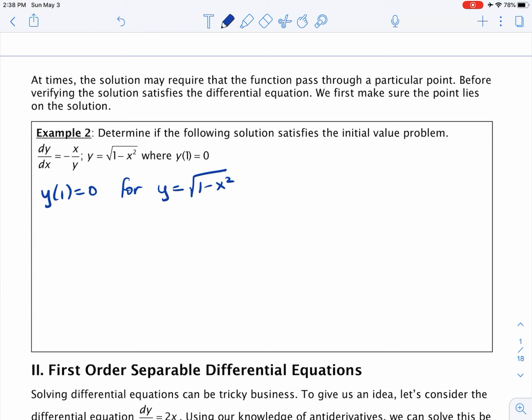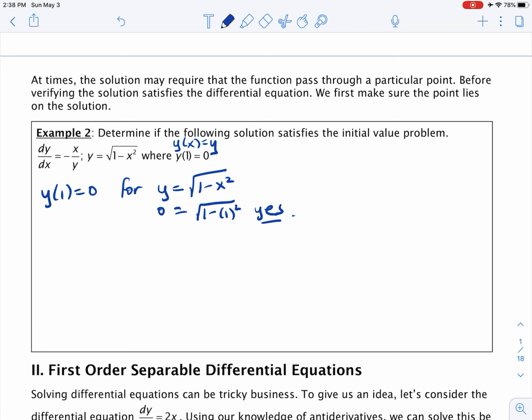Here is a function y of x. The output value of y is 0 and the input value of x is 1, and that is true. So the point does lie on that function.